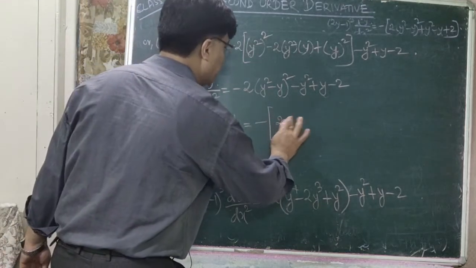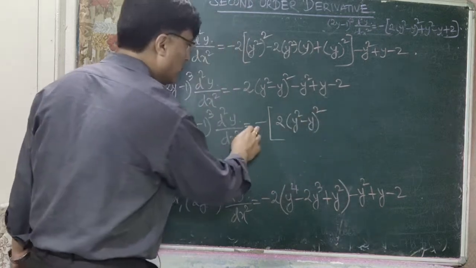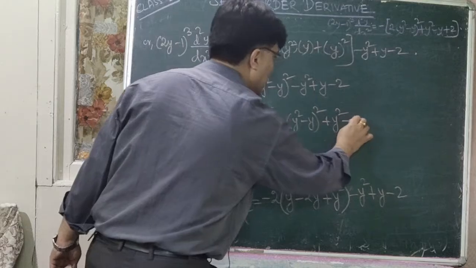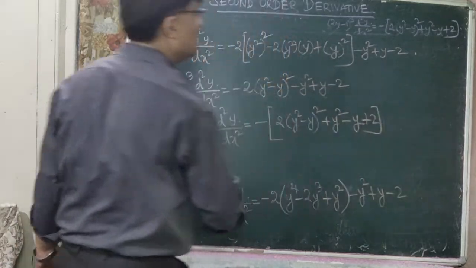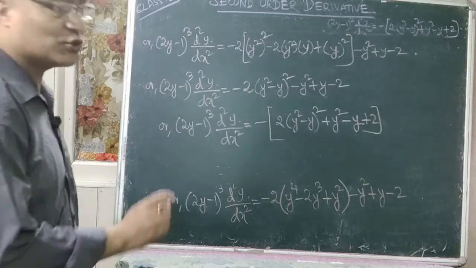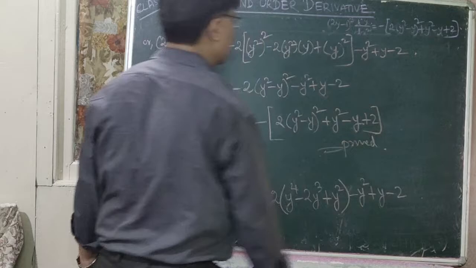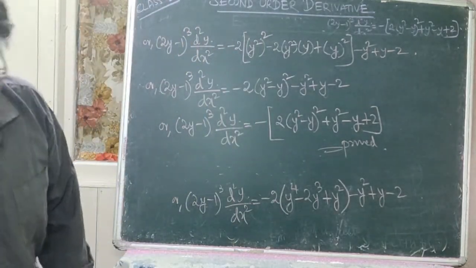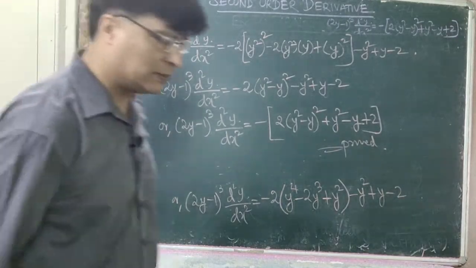So 2 into (y square minus y) whole square, minus into minus, plus y square, minus into plus, minus y, minus into minus, plus 2. That is equal to the right hand side. So we have proved it. So I think you have understood it. So you can copy it. Now we'll do questions from higher secondary question papers. Okay? So you can copy it.